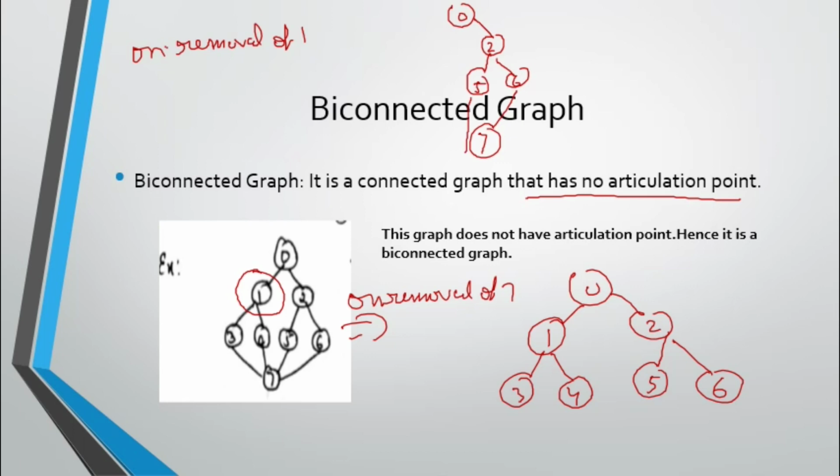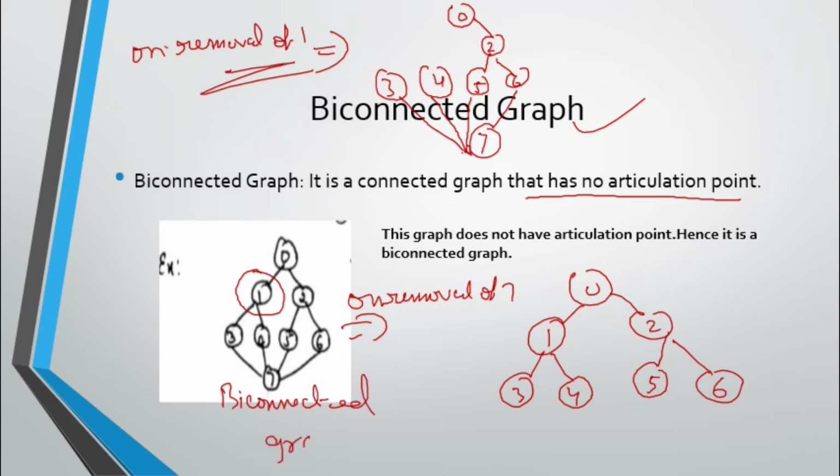From 7, 3 and 4 will be connected, because I am not removing 7 there. So this is the graph on removal of 1. So it is a biconnected graph. It should not have an articulation point, and there is no articulation point here.